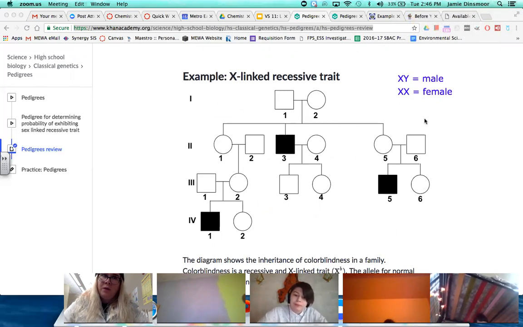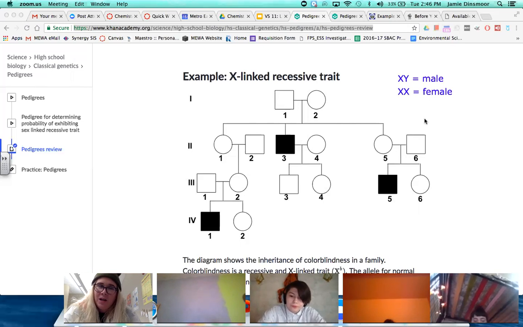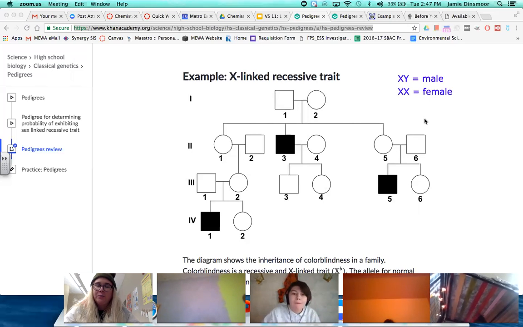Males or females? This is a harder question than you would think. I see female question marks, guesses, and then I see Georgia with the correct, perfect answer. Males, because they only have one X. This is an X-linked disease.